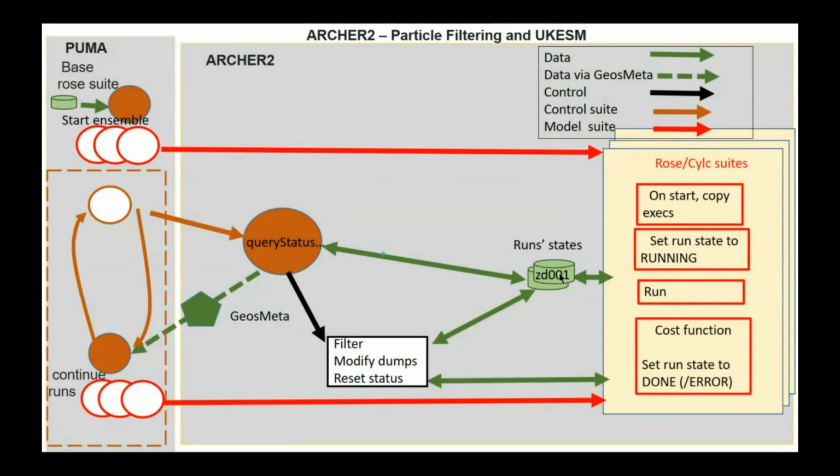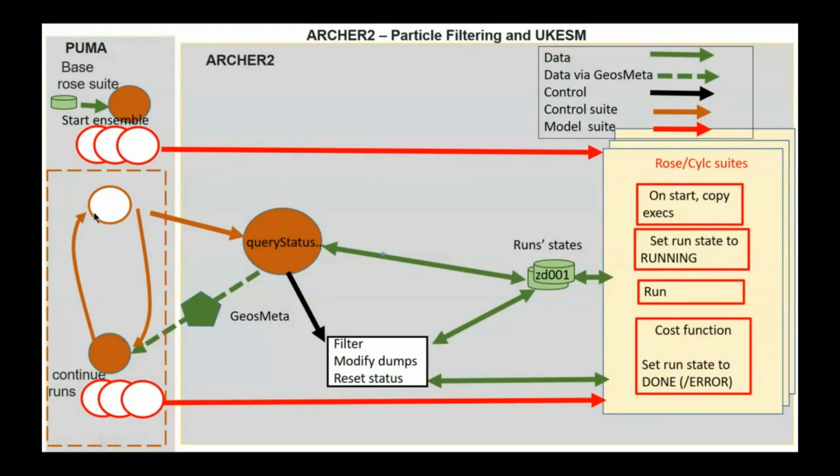And then when each of the short runs is completed, that state changes. And then when they've all completed, the filtering and the modification of dumps is done for the next time period. That is managed by this query status task, which itself is run from the polling on the coordinating task.